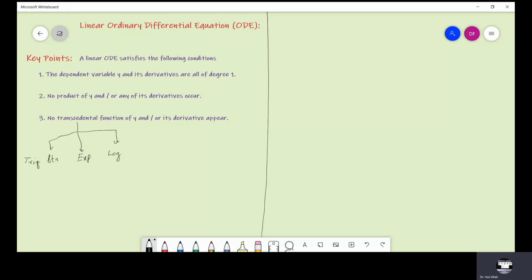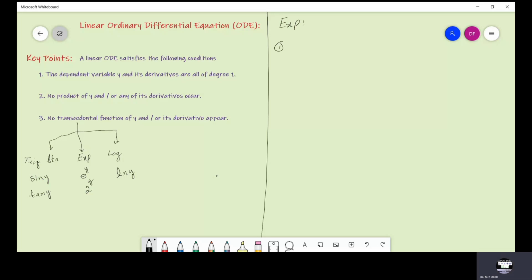By transcendental functions, we mean trigonometric functions like sine y, cos y, tangent y, exponential functions like e power y, 2 power y, logarithmic function ln y, and so on. If any one or more of these conditions are not satisfied, then the ODE is called a nonlinear ODE. Let us see some examples.